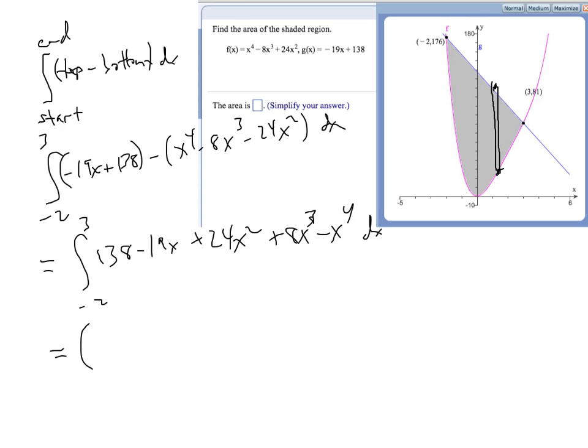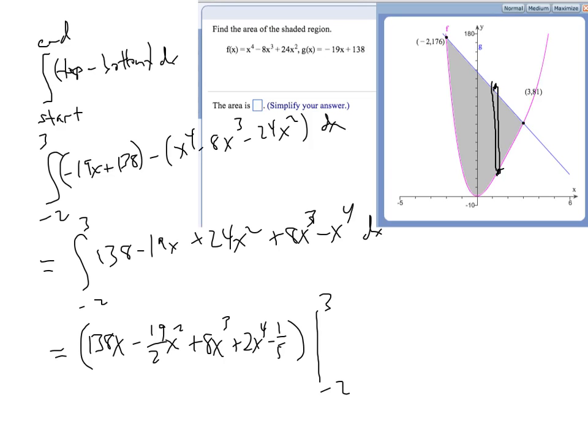And so I need to find the antiderivative of that. And I'm going to evaluate that antiderivative from -2 to 3. So the antiderivative here will be, well, 138x. I'll have 19 halves x squared. I'll have 8x cubed. I'll have 2x to the 4th. And I'll have 1/5 x to the 5th.